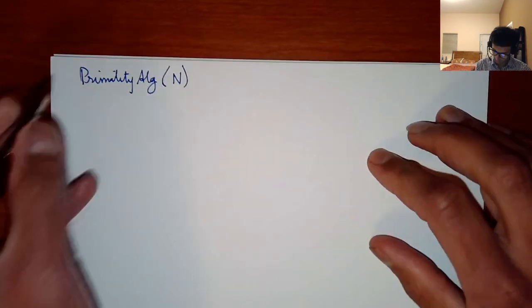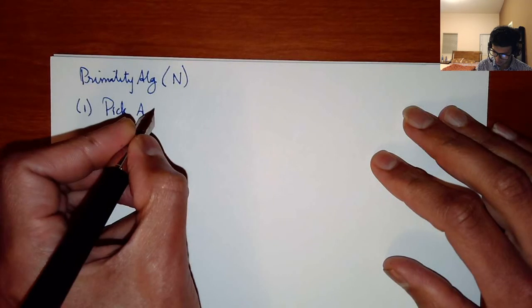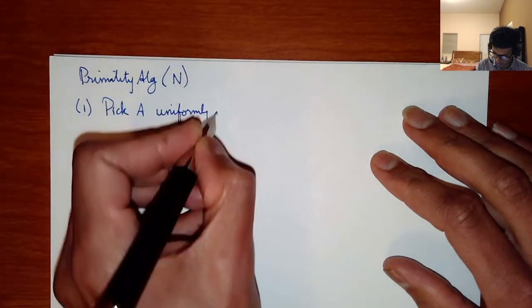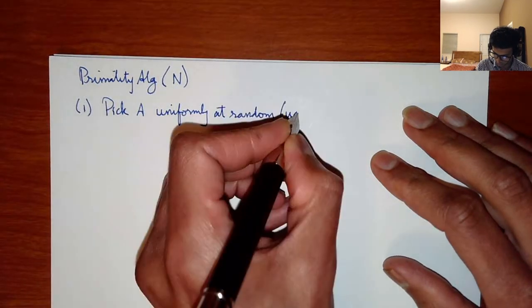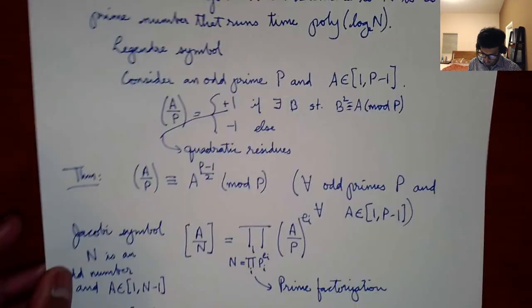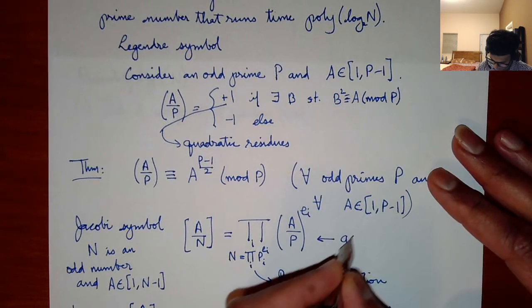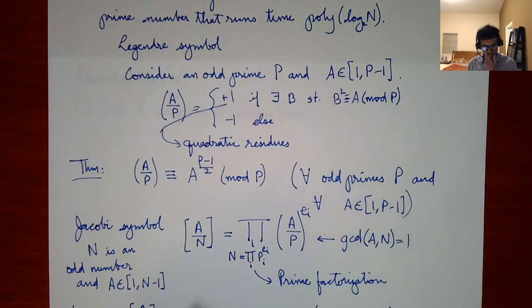The first step is to pick A uniformly at random, UAR. By the way, there is something that I should have qualified here: this formula is only true if the greatest common divisor of A and n is equal to 1, meaning that A and n are coprime.